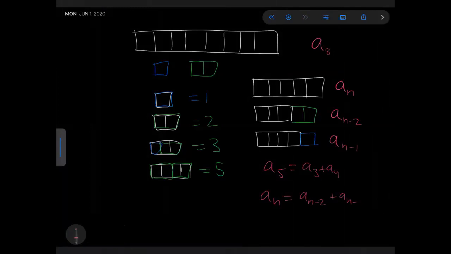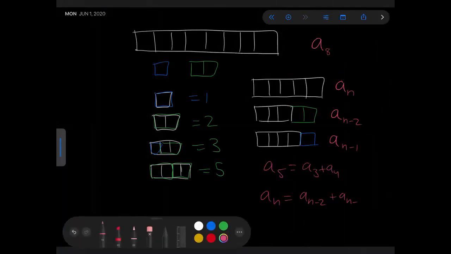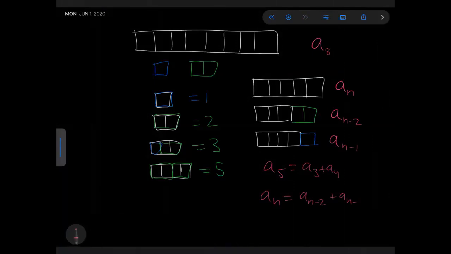Now that we know how the recursion goes, we can continue the sequence: 1, 2, 3, 5, 8, 13, 21, 34. 34 is your 8th term. So there are 34 ways to tile a 1 by 8 block with 1 by 1 and 1 by 2 blocks. So here's a recursion problem that looks almost like a counting problem, but it boils down to a sequence.